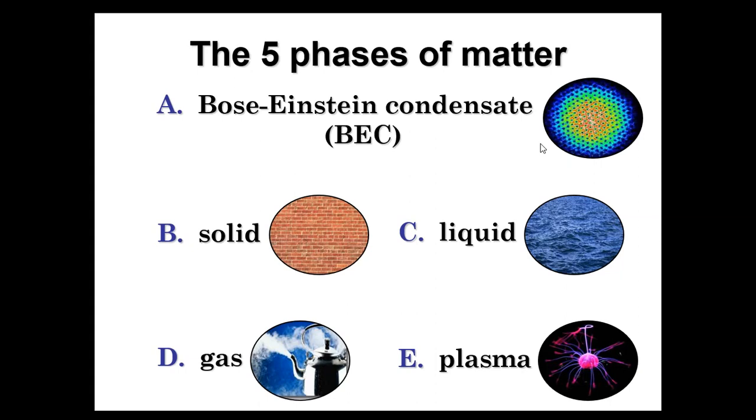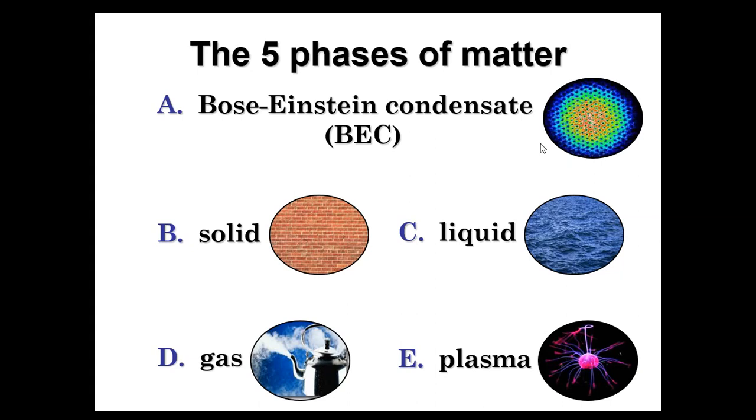So since you know how fast it's moving, you can't know exactly where it is at the same time. When they've taken pictures of matter very close to absolute zero, the atoms themselves look a little bit blurry. We know how fast the atoms are moving, but we can't know exactly where they are, and that's why they look blurry. So it's kind of weird.